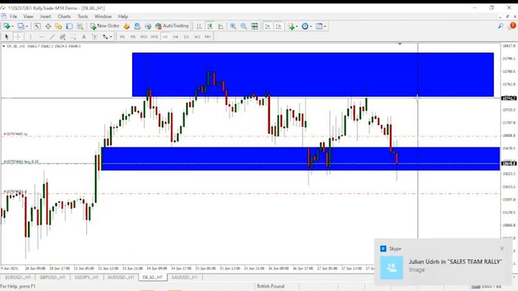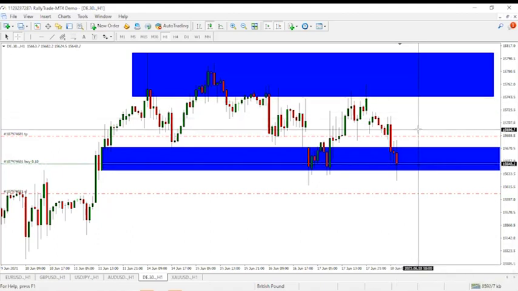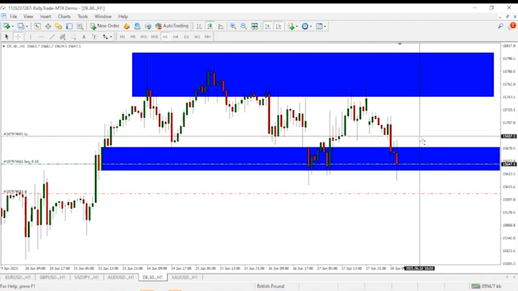So sell limit 15741.7. Our take profit is going to be at this support level if price is able to break it. So our take profit, TP, for the sell limit is going to be at 15687.3.